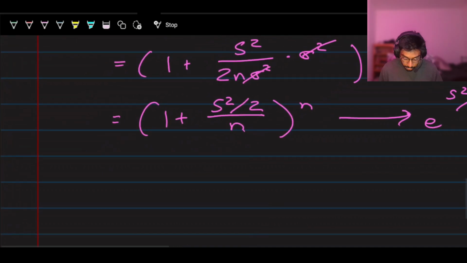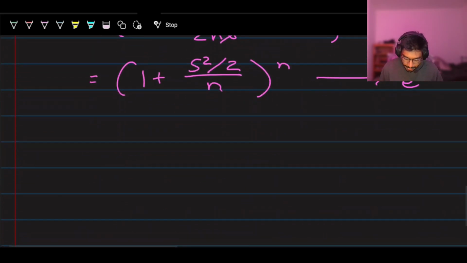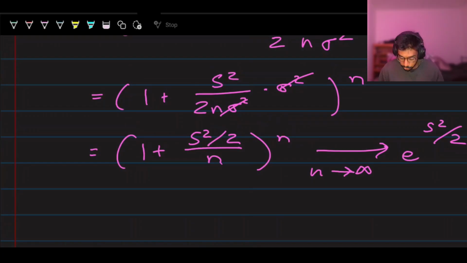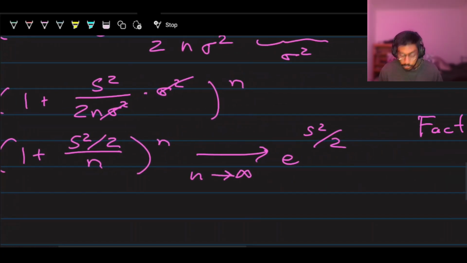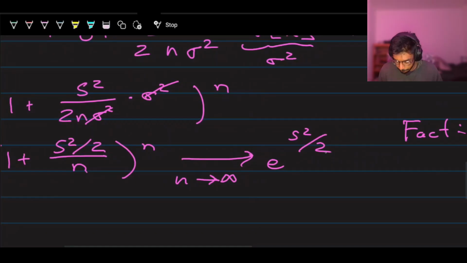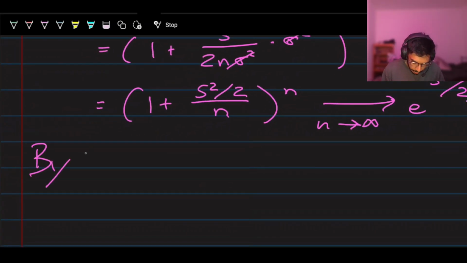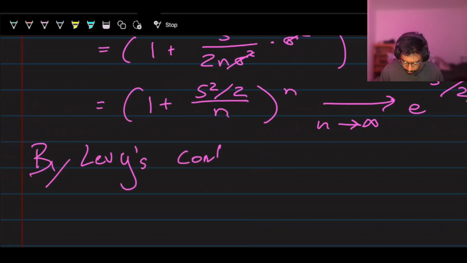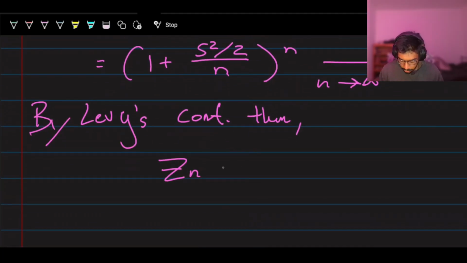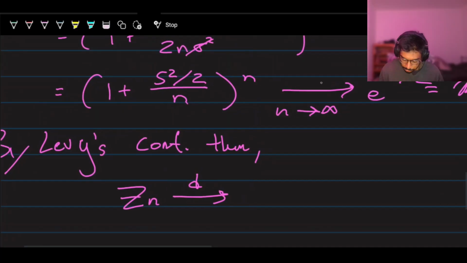So now we have shown that as n goes to infinity, our moment generating function converges pointwise to the moment generating function of the standard normal distribution. And now by Levy's continuity theorem, we have that Zn converges in distribution.